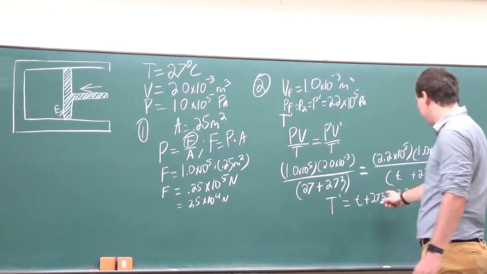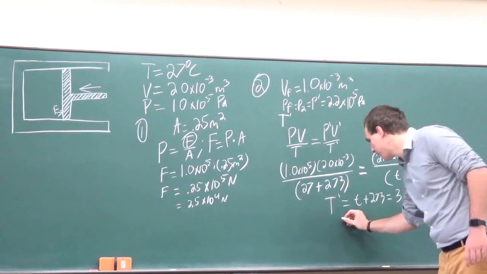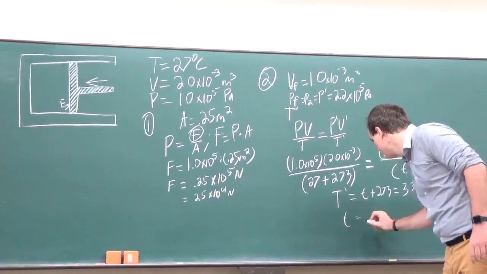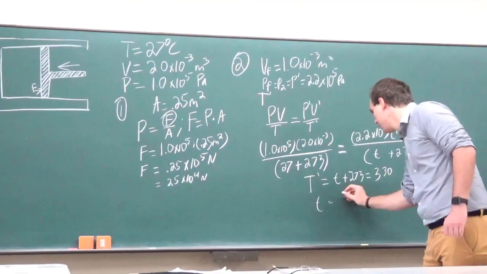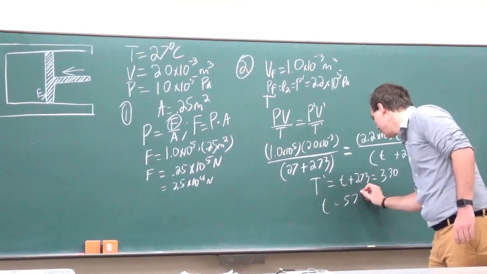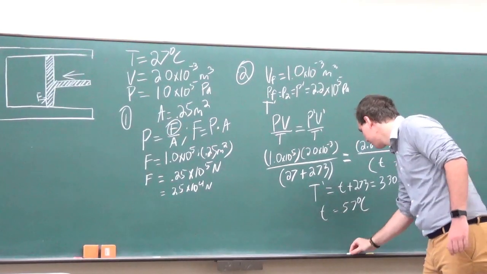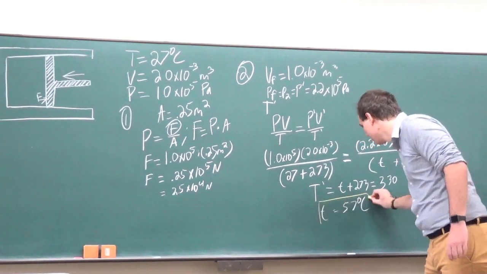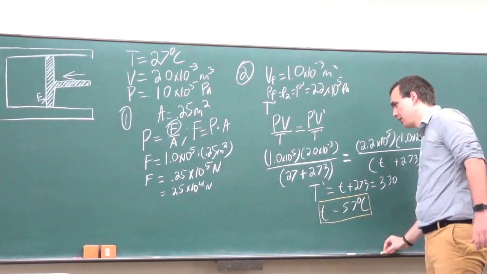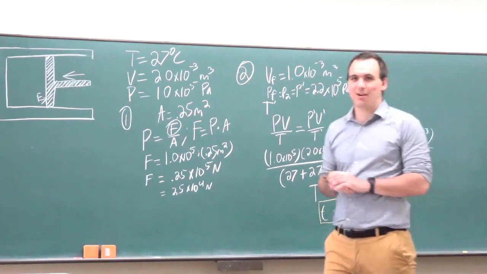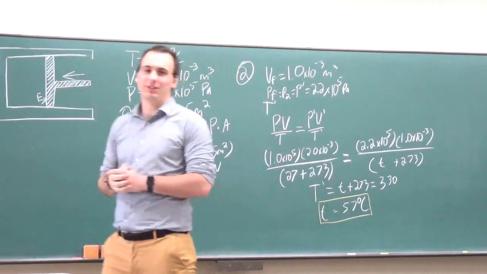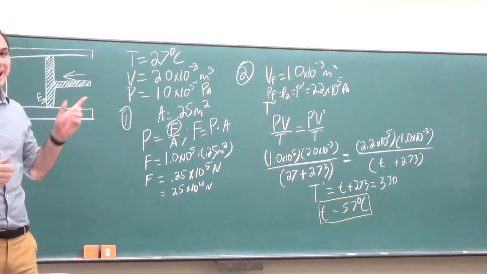We do our subtraction now to find that our new temperature is equal to 57 degrees Celsius. And that is how you do problem 37, parts 1 and 2.